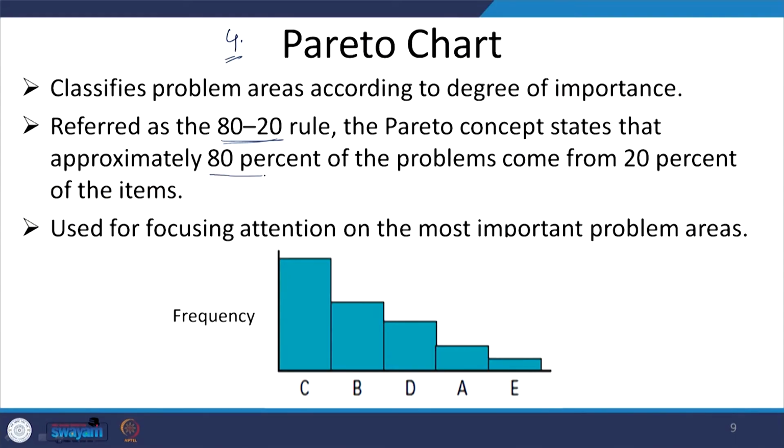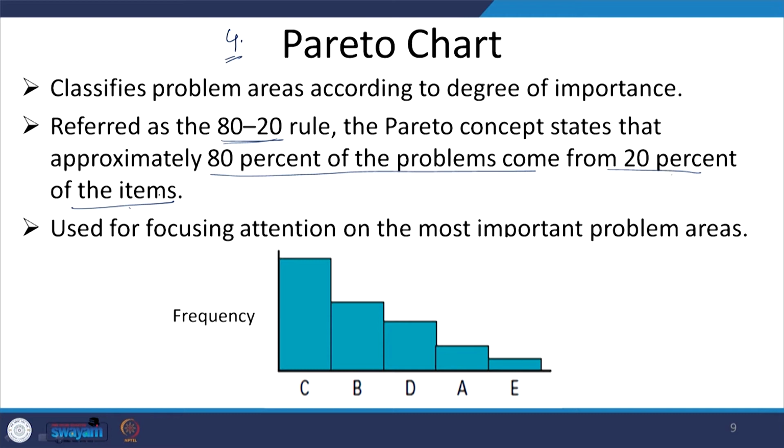According to this Pareto principle, only 20% of reasons are responsible for 80% of the output. You can understand that 80% of the problems come from 20% of the items.